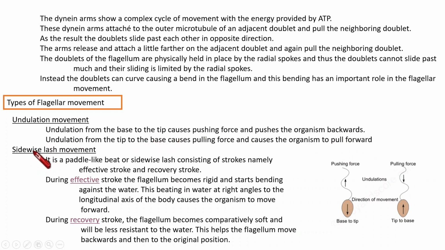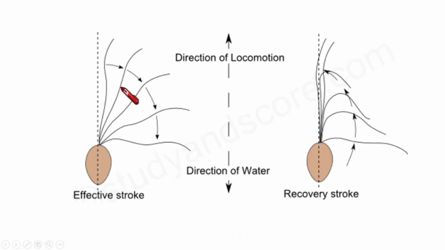Next is the sideways lash movement. Sideways lash movement is just similar to the wing stroke of a bird or the paddle stroke of a boat. It consists of many strokes, and the strokes are of two types: effective stroke and recovery stroke. First, we can see the effective stroke. Effective stroke, what is it? I will show the picture.